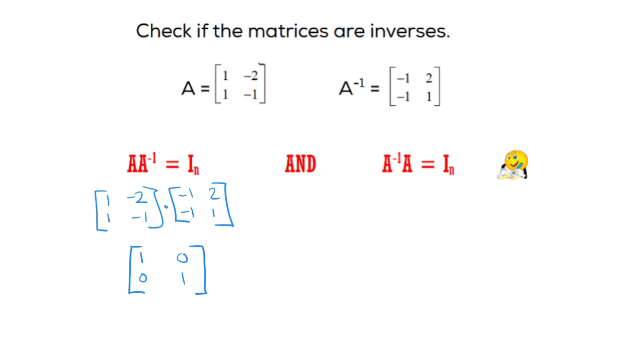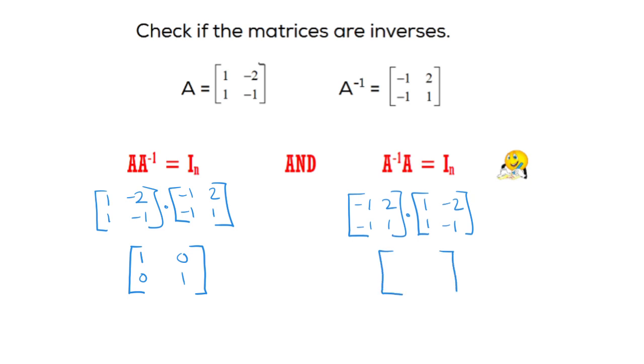Okay, now I'm going to have you practice. Does it work the other way, though? So you set it up and put the inverse in front. Multiply it. They're both 2 by 2, so it's possible to multiply, and you will end up with another 2 by 2.